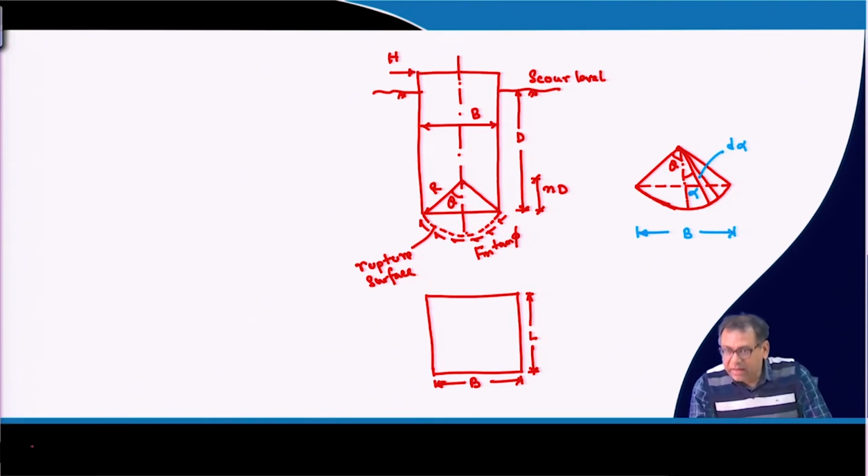Now, the applied load, so we have an applied load of W. So, W is acting here, the downward load. So, here that applied load is acting at the base.